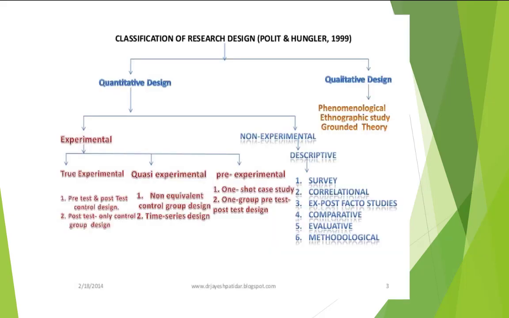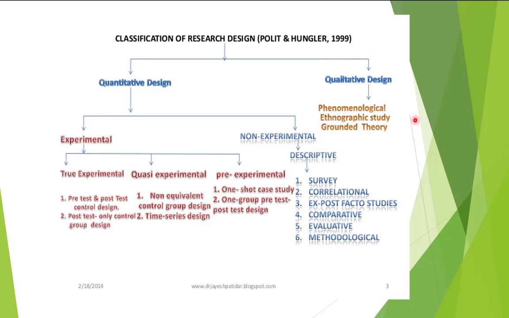So the general classification of research design according to Polit and Hungler, 1999, is presented in this way. For Practical Research 1, that is qualitative research, I guess you have encountered these words: phenomenology, ethnography, grounded theory, and others like case study, narrative inquiry, and historical.